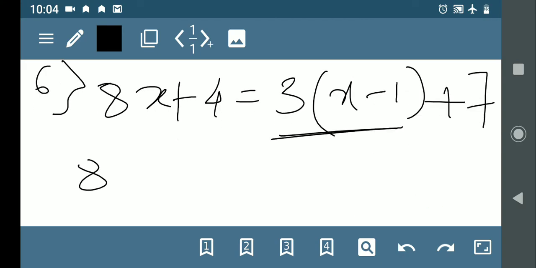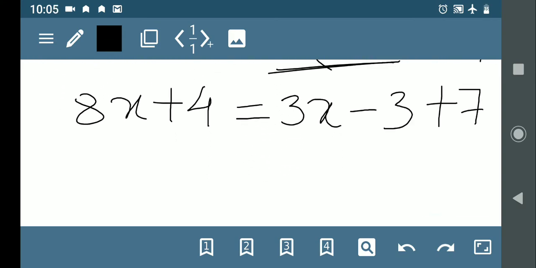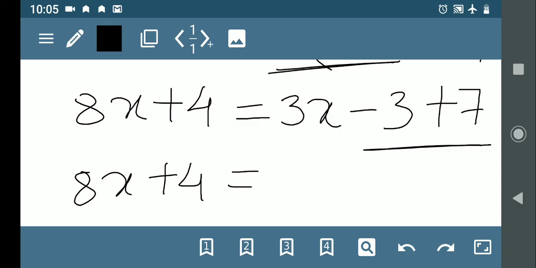So we have 8x plus 4 is equal to 3 into x, 3x, 3 into minus 1, minus 3, plus 7. Okay, then 8x plus 4 is equal to, solve the constant term first, that is 3x is 3x only, minus 3 plus 7 is plus 4.